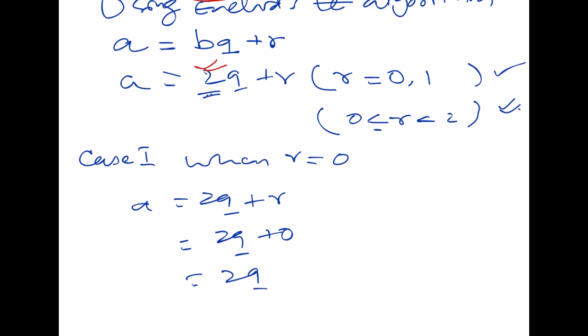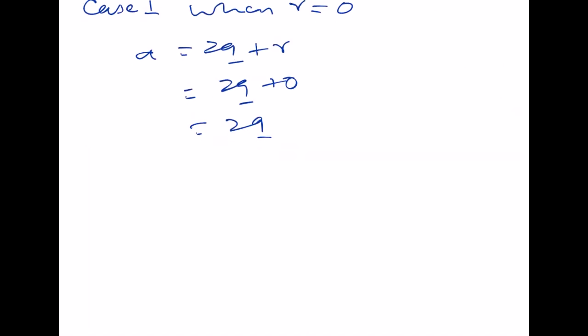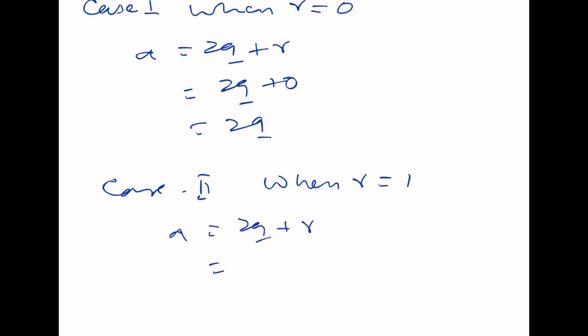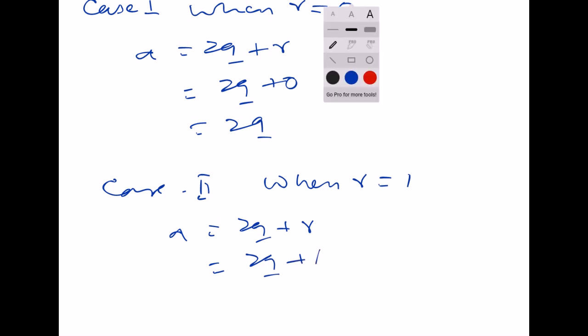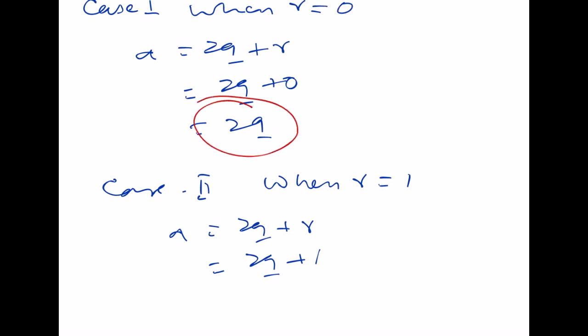Next, case 2, when r equals 1, then a will be 2q plus r, in that you keep 2q plus 1. That's all, guys, the problem is solved. Here the value of a is either 2q or 2q plus 1. That's all.